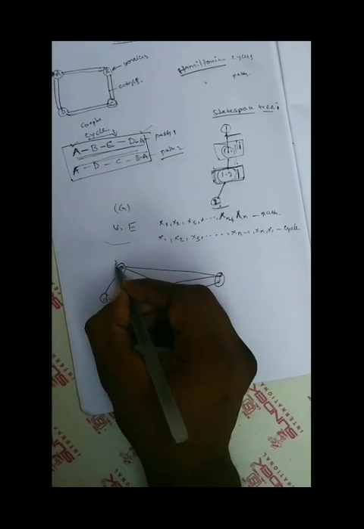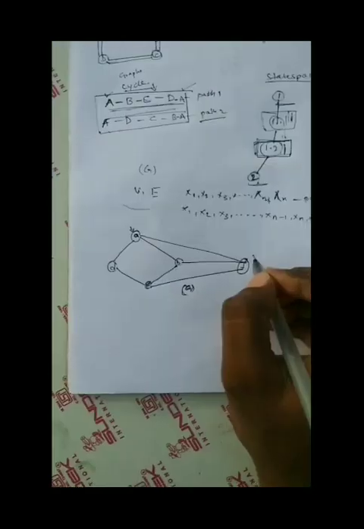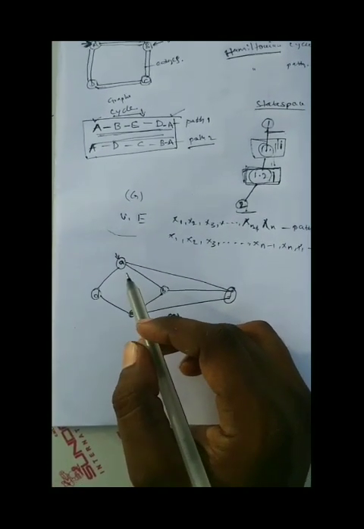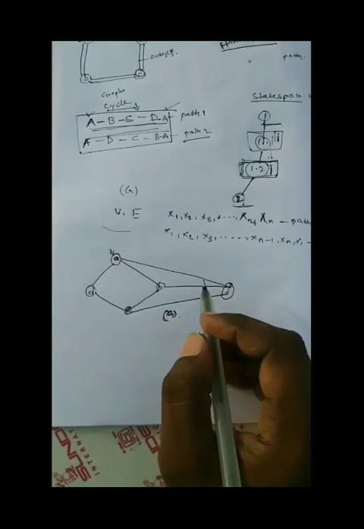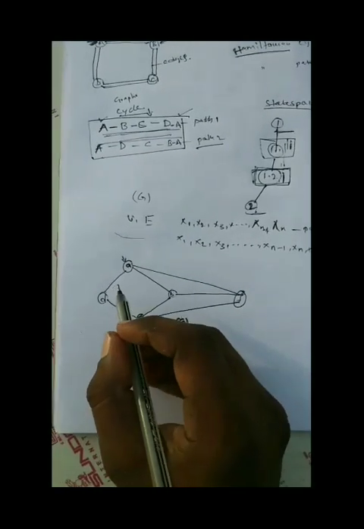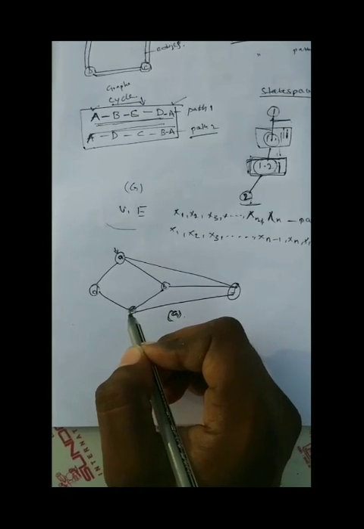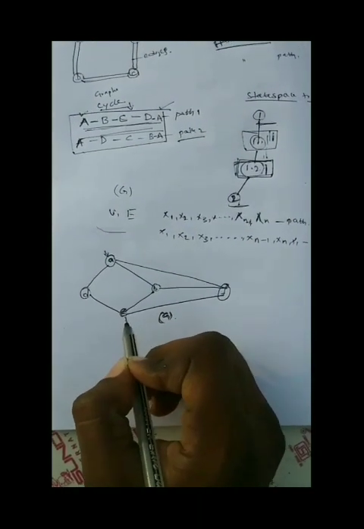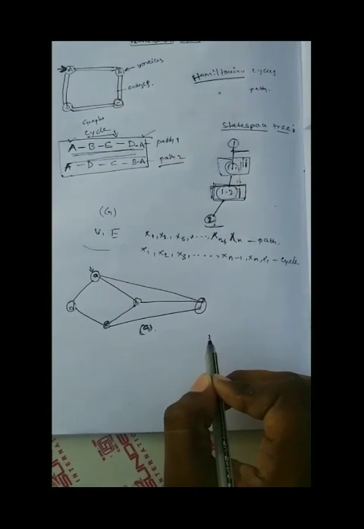Let us take the starting vertex as A. We can travel A to B, A to F, and also A to D. So we have three possible paths which can lead to forming a Hamiltonian cycle.